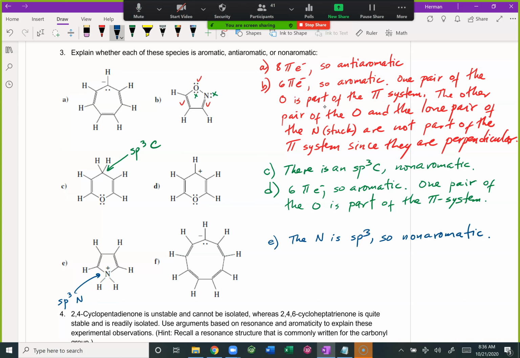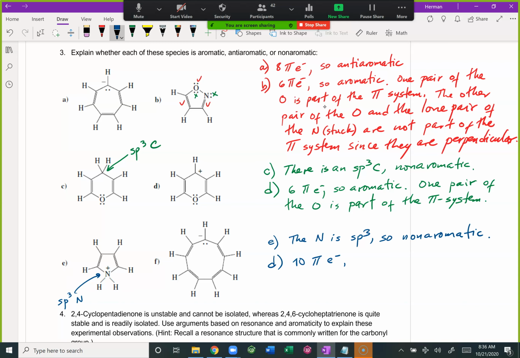How about the next one? How many pairs of electrons can you read? 5 pairs. Exactly right. That's a total of 10 pi electrons. So what is it?